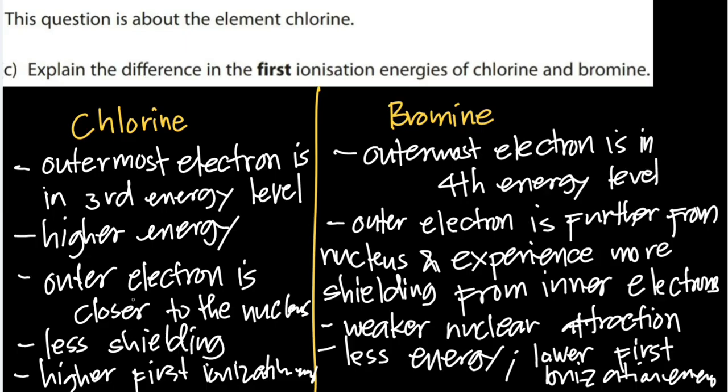While in chlorine, the outer electron is closer to the nucleus, therefore less shielding, and higher energy is needed to remove the outer electron. Then it has a high first ionization energy. Therefore, chlorine has a higher first ionization energy compared to that of bromine.